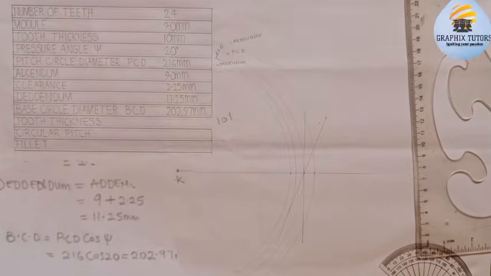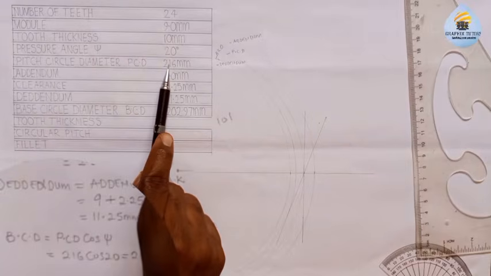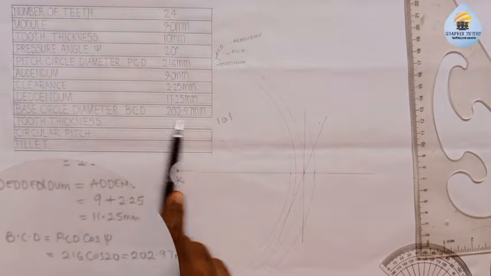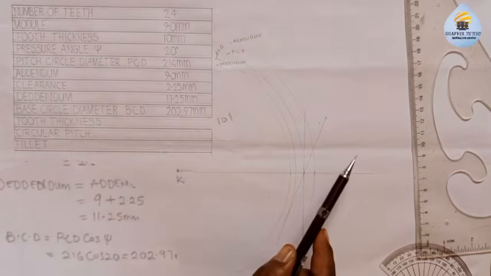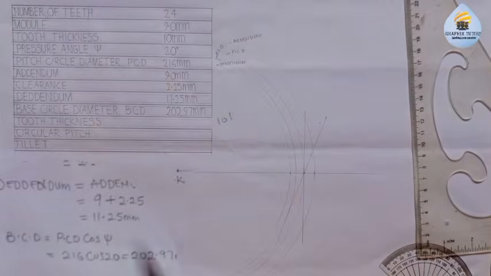We know that when we wanted to draw our arc with the pitch circle diameter of 216, we divided it by 2 to get the radius. Similarly, the base circle diameter is a diameter; if I want the radius, I divide by 2 and still have 101 point something. Is that taken? So you can use either the protractor or the formula method here.